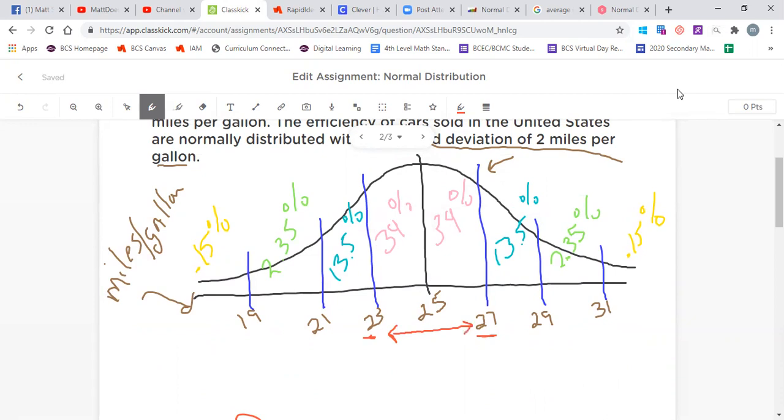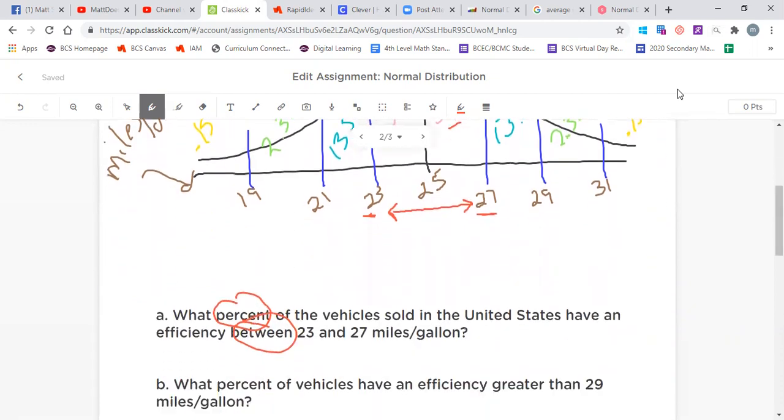And what you'll notice is we have 34 and 34 that go between 23 and 27. So we just say 34% plus 34%, and that brings us to 68%. So we can state that 68% of all vehicles fall between 23 and 27 miles per gallon in the United States.